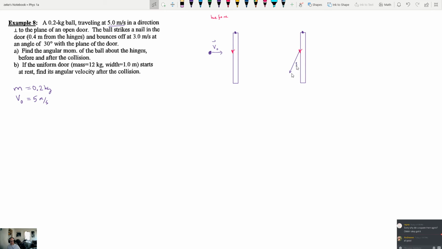We'll call it theta. So theta is going to be equal to 30 degrees. So that's the direction of our ball after the collision. And that's all we have in this problem, just these two pictures.